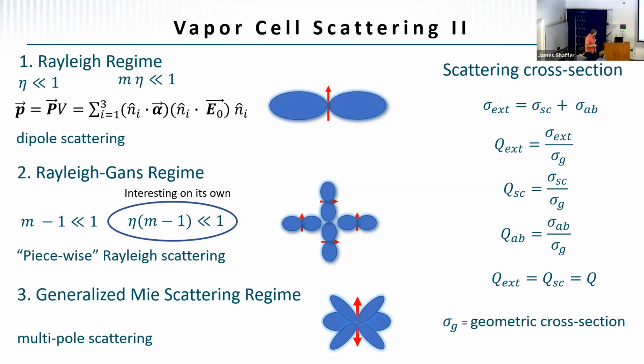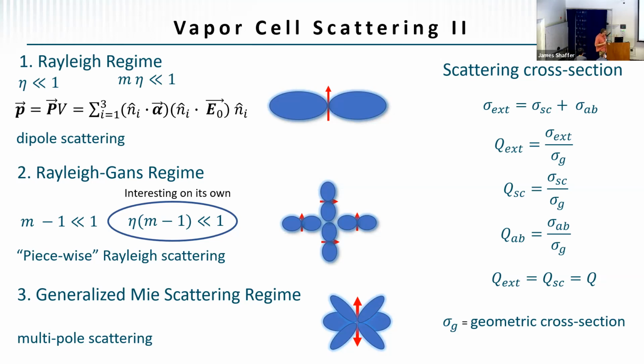The more general regime is called the Mie scattering regime, and that's just the regime where multipole scattering is taking place, where we not only have dipoles, but we have quadrupoles, et cetera. And we don't really want to be in this regime because this is complicated, and this expansion generally is good for most kind of finite objects.